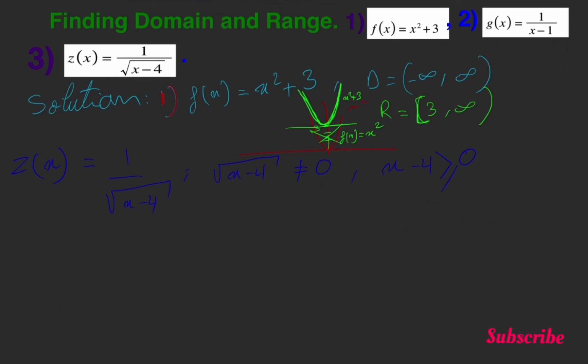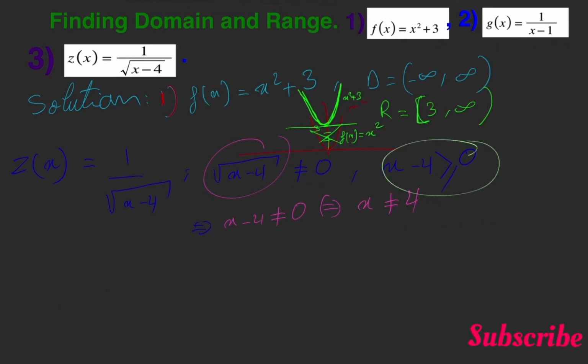So let's solve the first one. It will be not equal to 0, so let's go with this first one here. It will be x minus 4 is not equal to 0, therefore x has to be not equal to 4. So let's do this second one here. We have x minus 4 has to be bigger than or equal to 0, therefore x has to be bigger than or equal to 4.